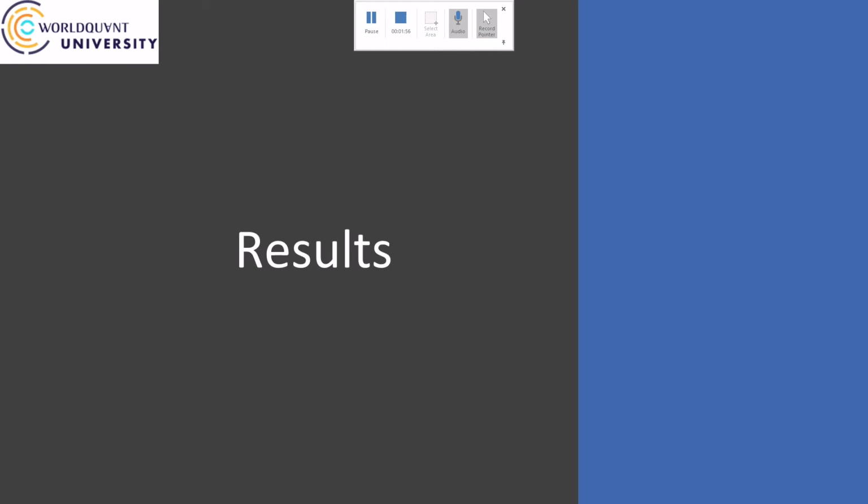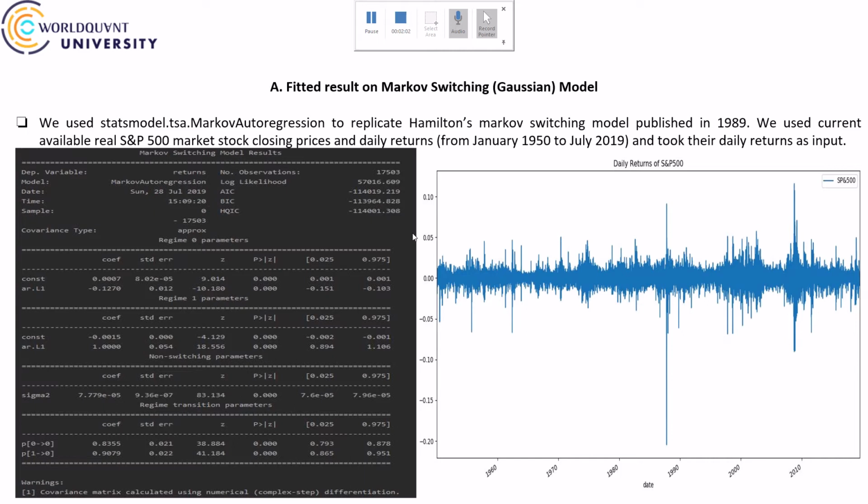Next, we got some results, as you can see in this figure. The first one is the Markov switching Gaussian model, as described in the first part of this presentation.